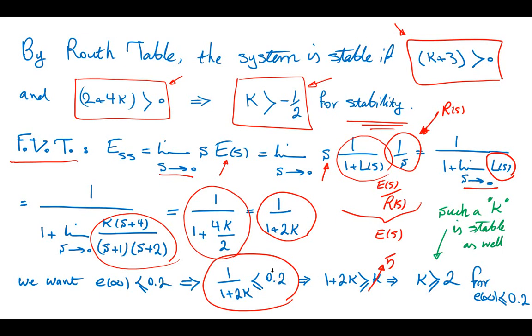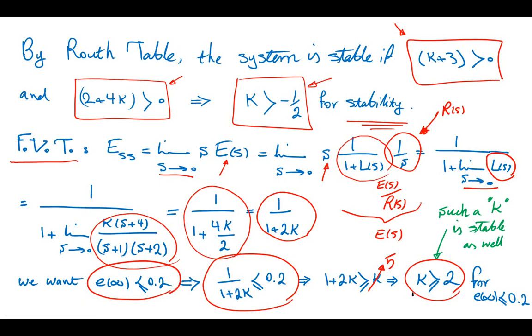So K has to be greater than 2 for the steady state error to be less than 0.2.